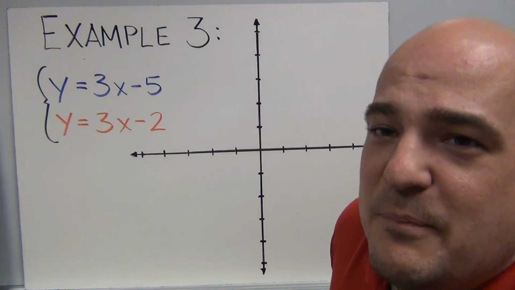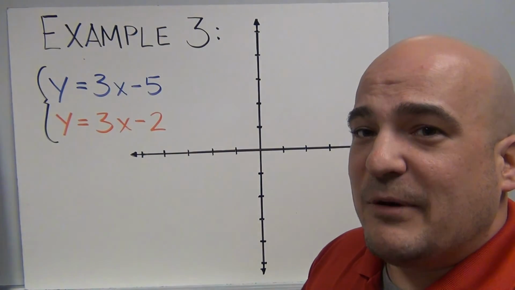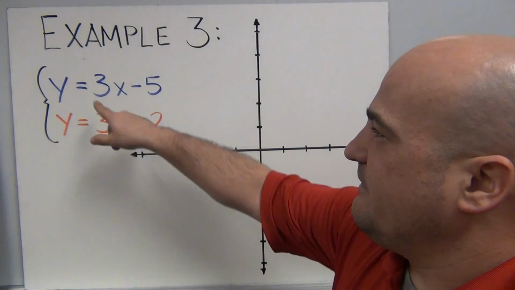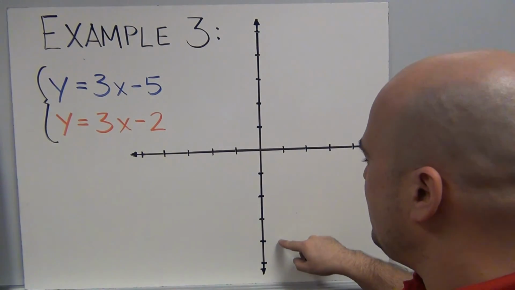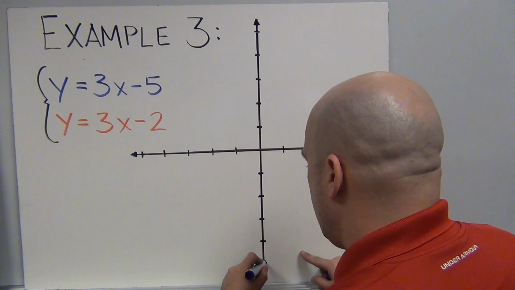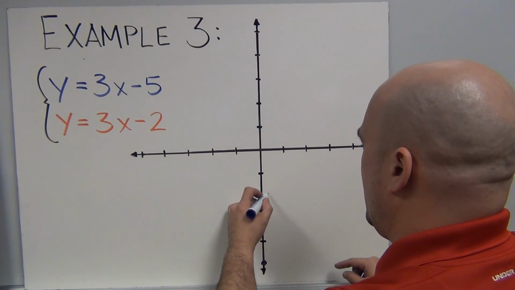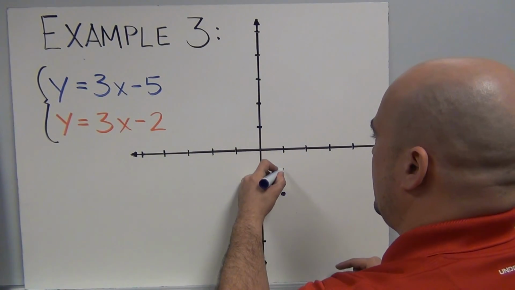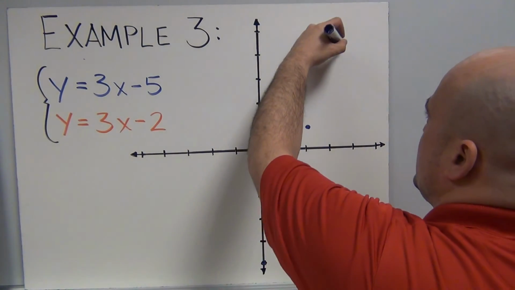All right, in example 3, again, I'm going to graph two different lines, and I'm going to look for where they cross. Okay, so the first line is y equals 3x minus 5. My y-intercept is negative 5. My slope is 3, so I'm going to go up 3 over 1. Connect those dots.